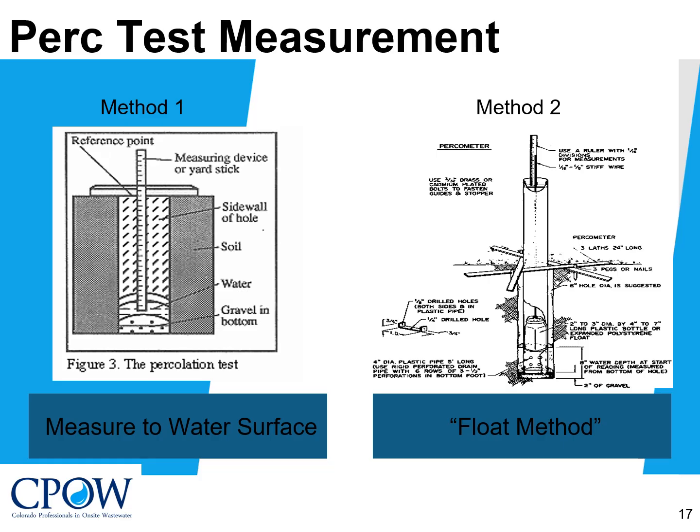So when you measure down to the water surface, you have a reference point to take your measurement from. The other method is the float method, which is shown on the right. This is a float that is placed into the hole that is attached to a ruler. So as the float drops, so does the ruler in that contraption.